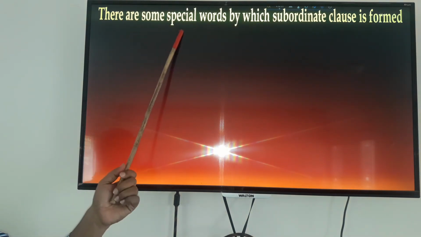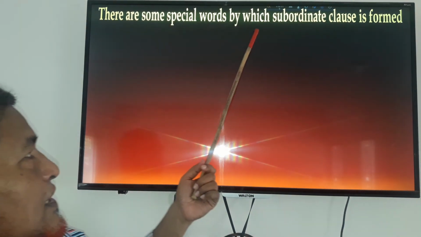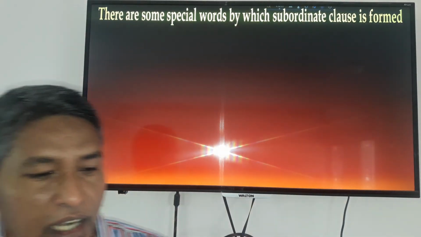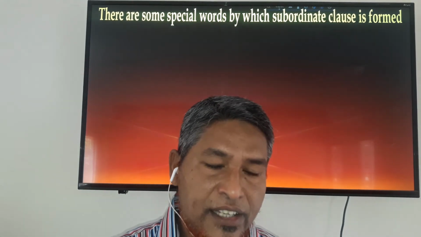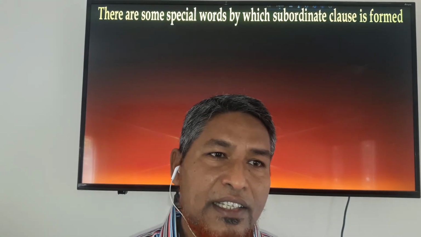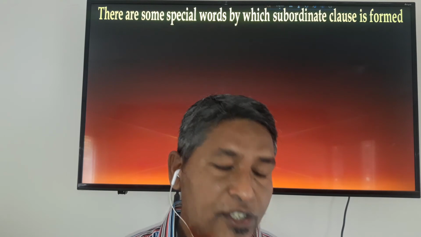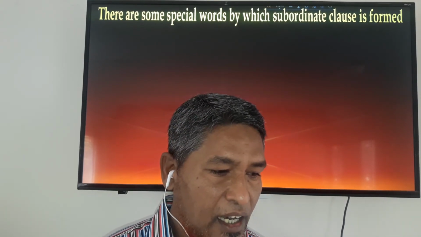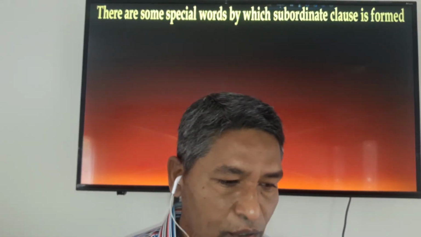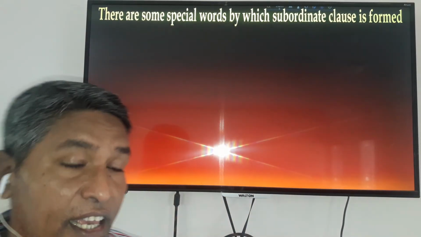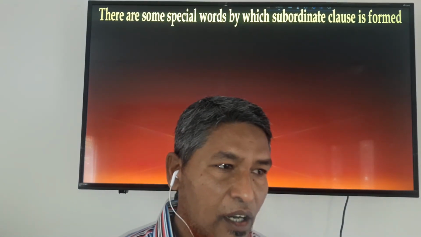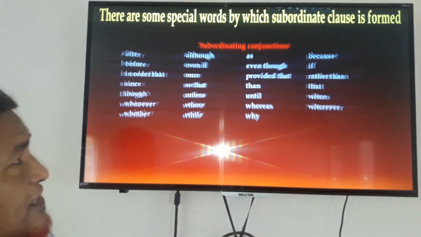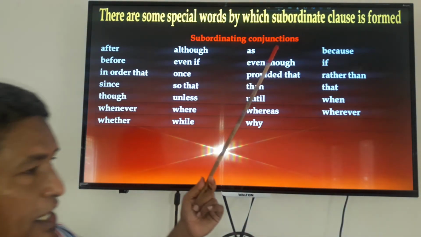There are some special words by which a subordinate clause is formed. We know that every subordinate clause has a subordinating conjunction. Without the conjunction, you cannot form a subordinate clause. So it is very important to know which is the subordinating conjunction. Here is a chart of subordinating conjunctions.